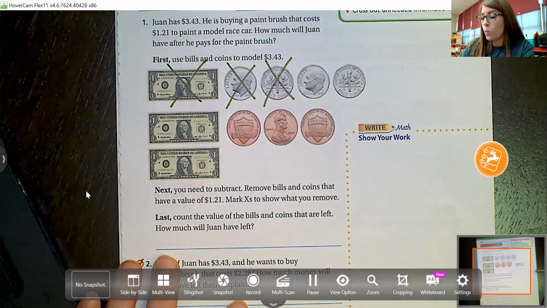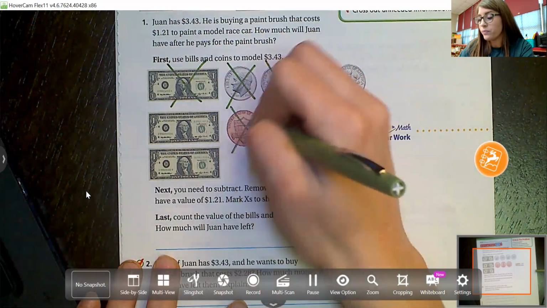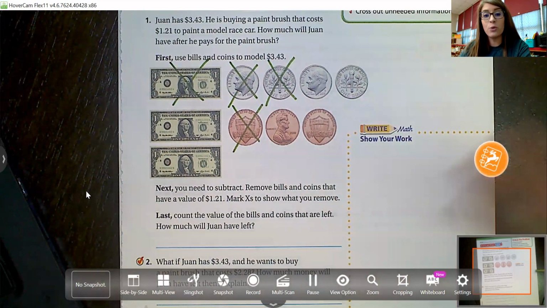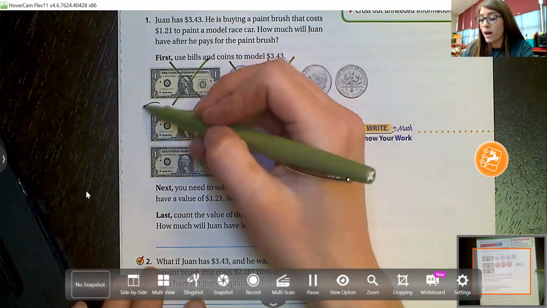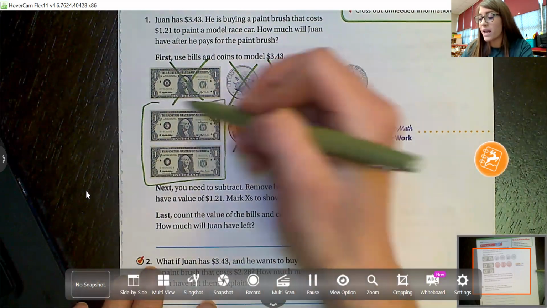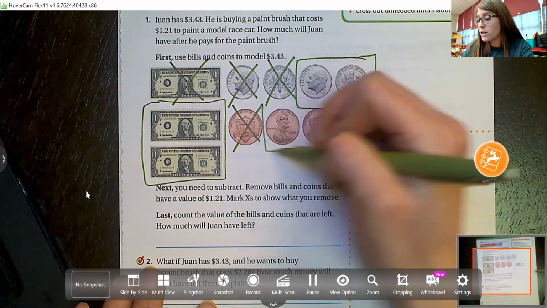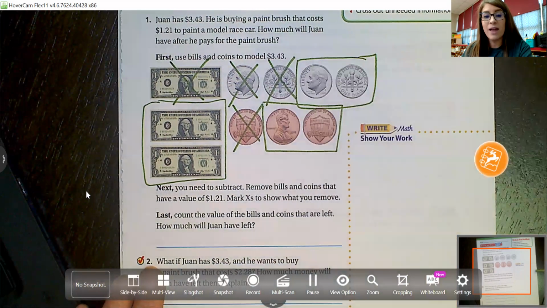And then 1 penny. All right, so now that I've crossed out the coins and the bills that I don't need, now I can count up the coins and bills that I have left over to see how much money Juan is going to have left.